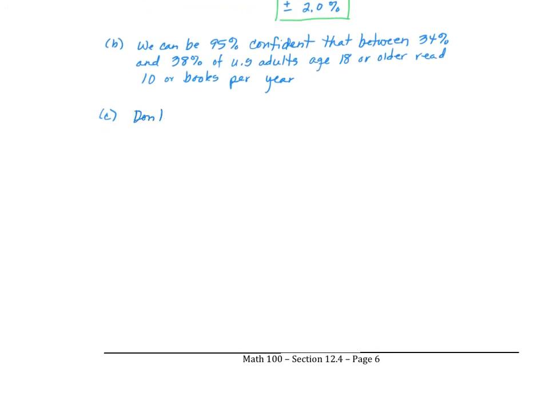So maybe they don't want to admit that they don't read a lot. Amongst other reasons. The point being is that whenever you are collecting your data, you got to take it with a grain of salt.